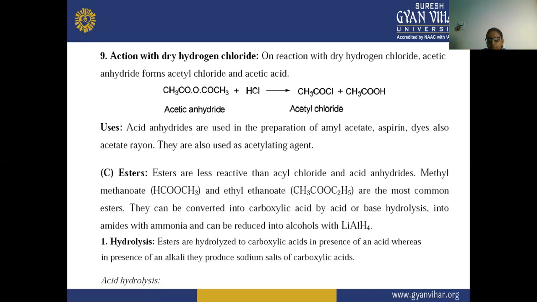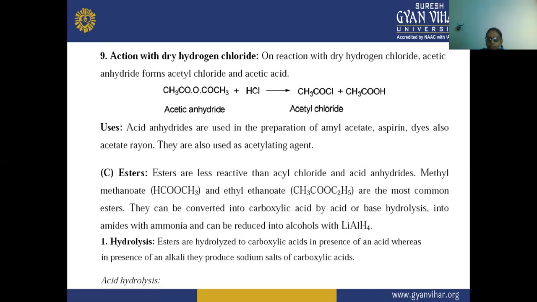Similarly, on reaction of acetic anhydride with HCl, there is a formation of acetyl chloride plus acetic acid is formed here. So in this also, the acetic anhydride is forming the first functional carboxylic acid derivative, and that is the acid chloride.